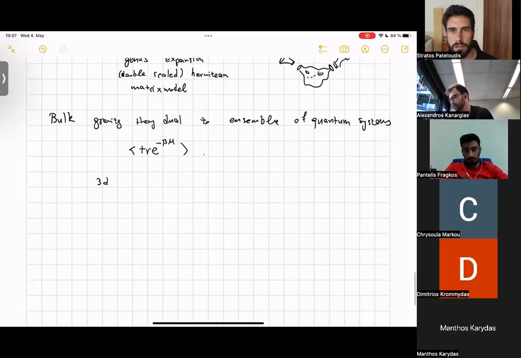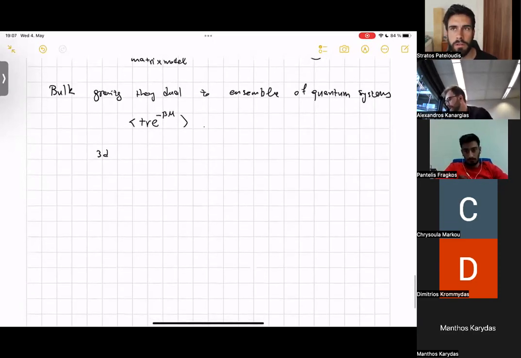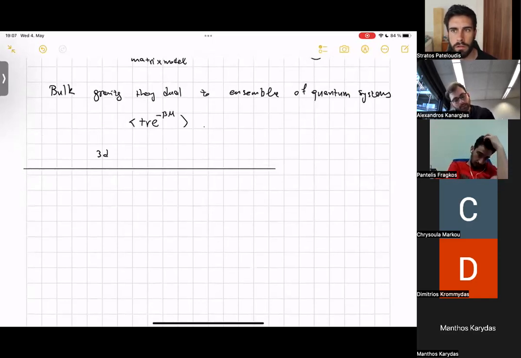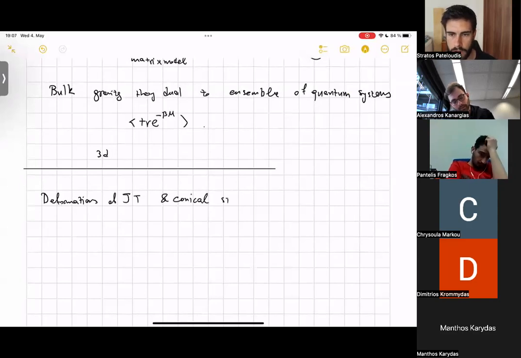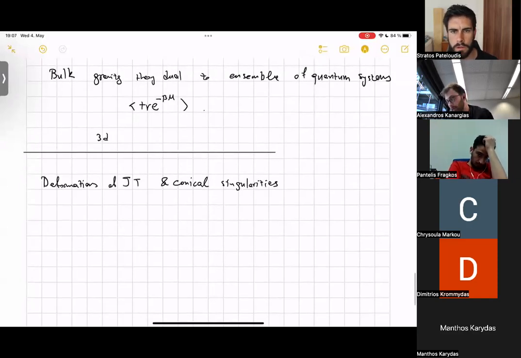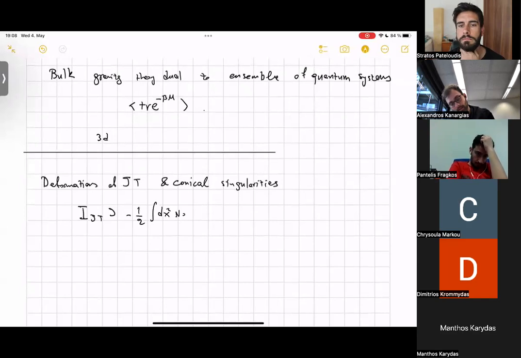Okay, I will just say one thing because I mentioned it earlier. We saw this story, and I mentioned the deformations of JT. If you do the same story now in the bulk action, you have this deformed JT action that I talked about earlier.